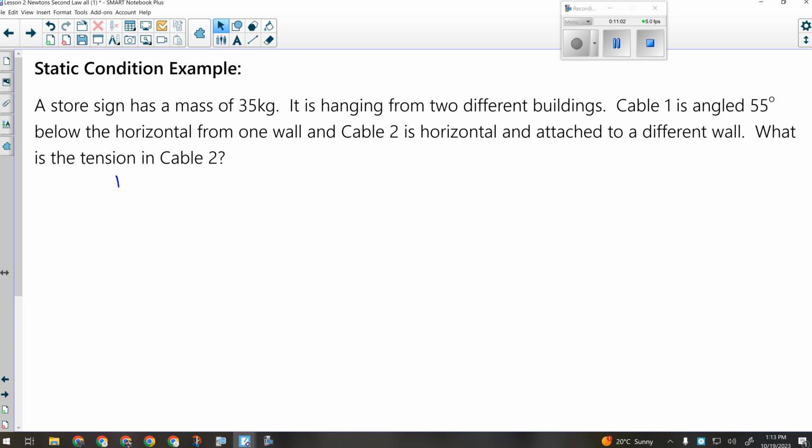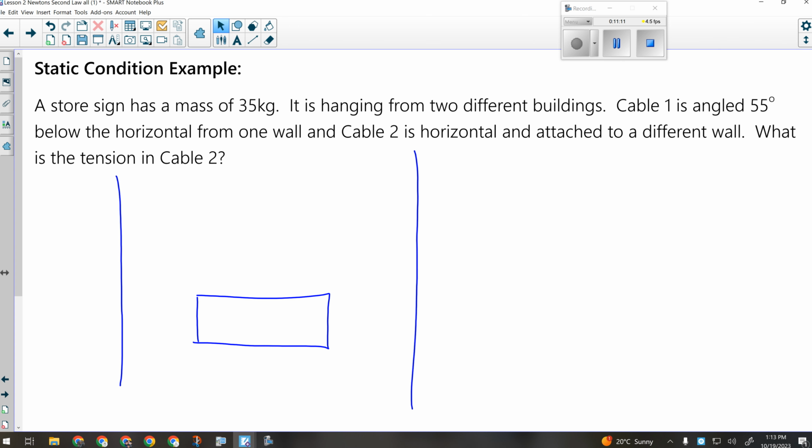So I've got to visualize this. I'm going to make this my sign, and these are going to be my two walls. It's suspended between these two walls. And it says the first cable is 55 degrees below the horizontal.